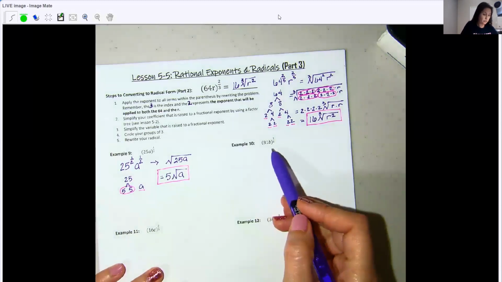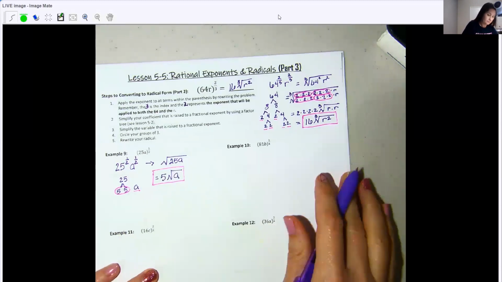Number 10 is very similar to number 9 if you want to try that one on your own.